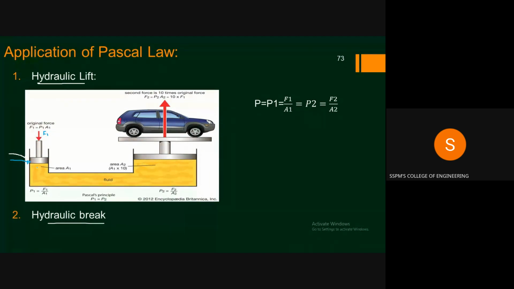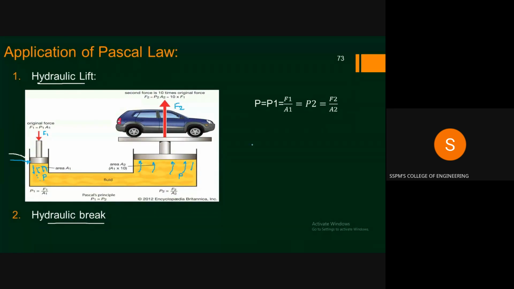This force F1 will create pressure on the fluid, which is enclosed in the complete vessel. The same pressure will get transmitted to the other side. This pressure is the same for both pistons, and here the force gets amplified.